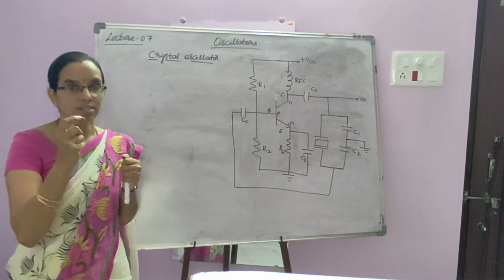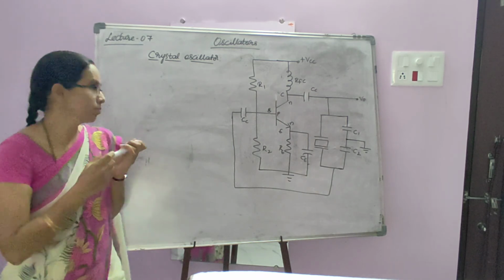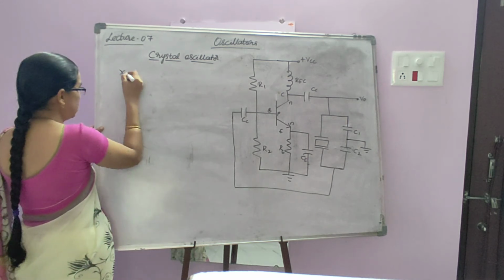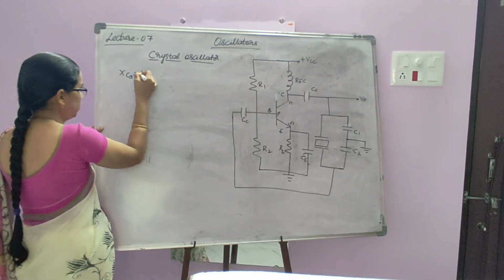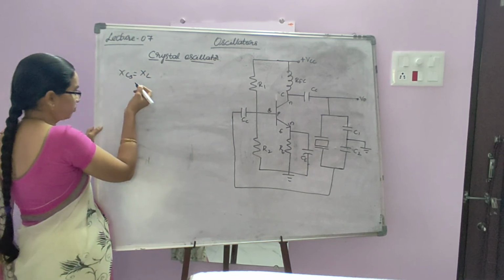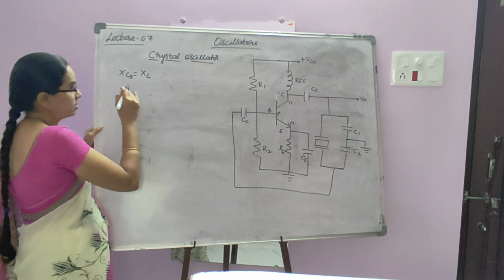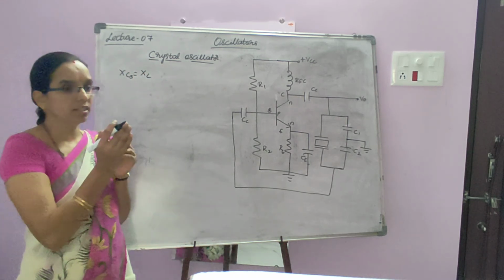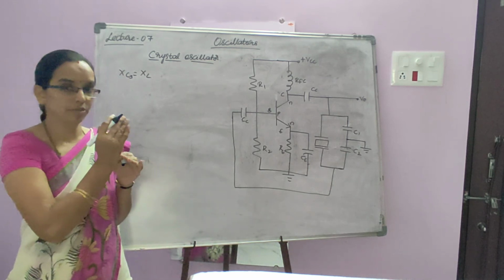At series resonance XL will become equal to XC. Remember the previous circuits, XC will be equal to XL, I told, right? At parallel resonant frequency, the frequency slightly increases. Parallel resonant frequency is slightly higher than the series resonant frequency.